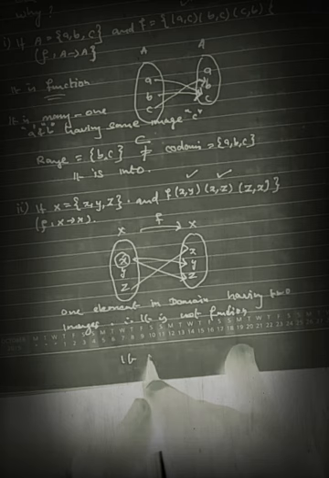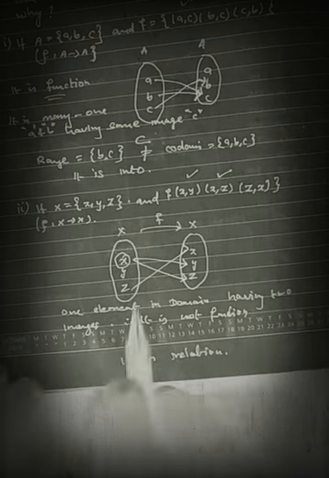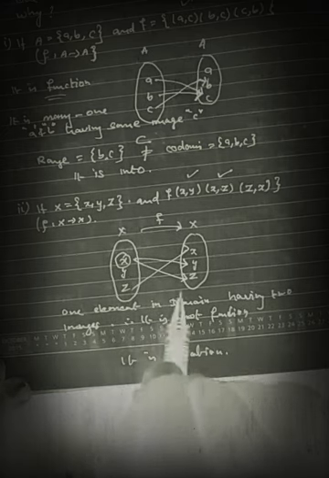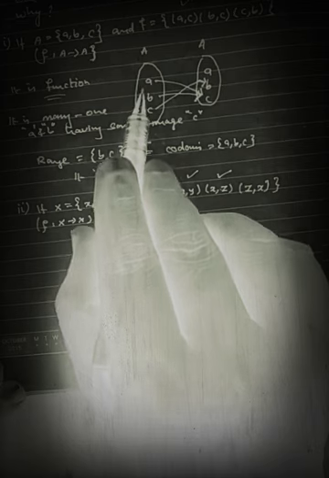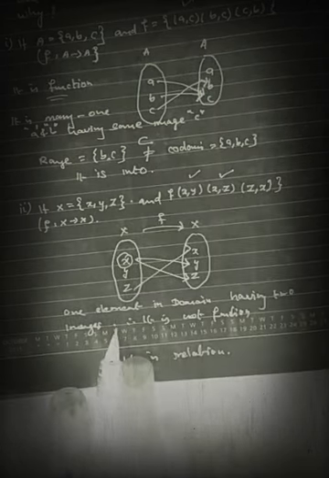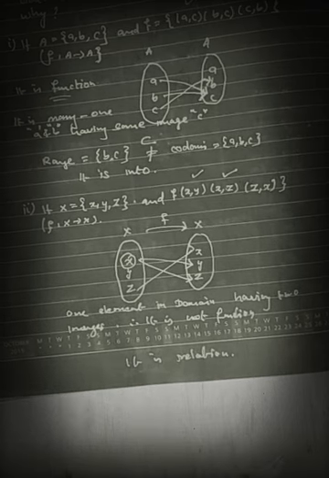It is a relation only. Is it clear? It is just a relation. Why? x, a single element, has 2 images, y and z. You can see here 2 elements A and C have the same image. That's okay, that is a function. But here it is not possible that a single element will have 2 images.